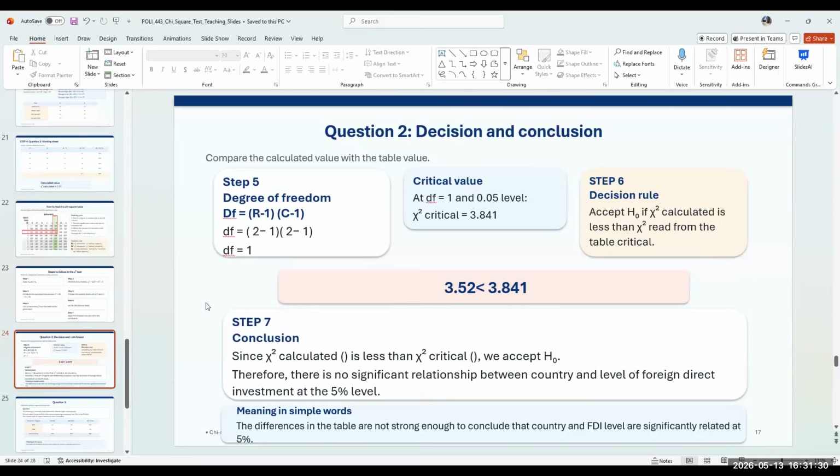So we are going to say that there is a relationship between the two variables. You are very right. Thank you.